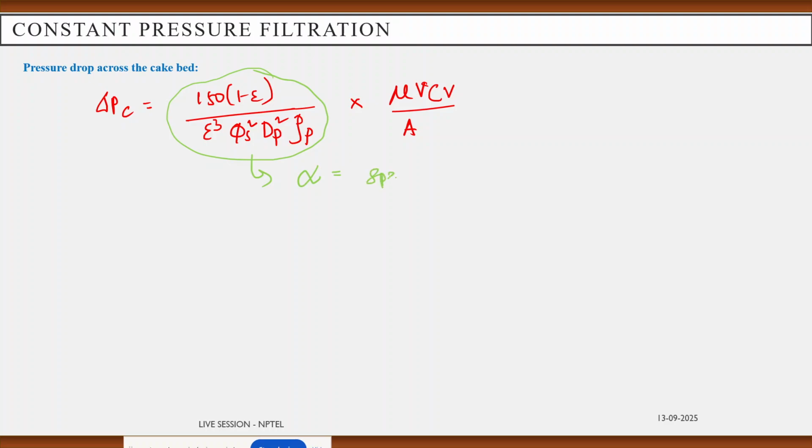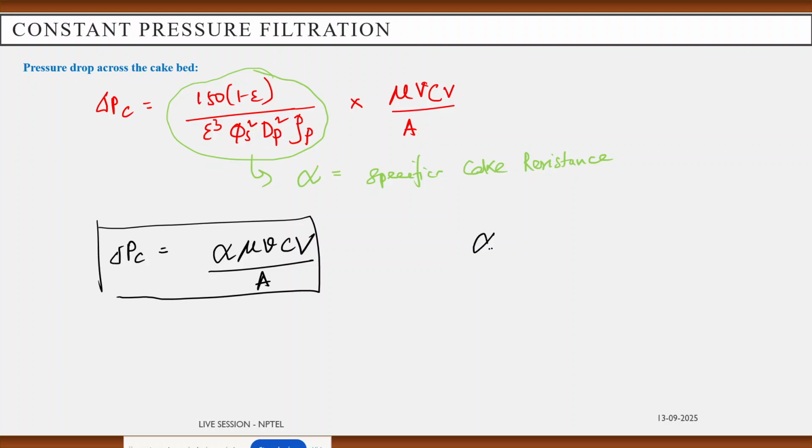Alpha is known as specific cake resistance. And with this specific cake resistance, the ultimate equation can be written as del P equals alpha mu V CV by A, where if you want to calculate alpha, then you can just follow this equation.